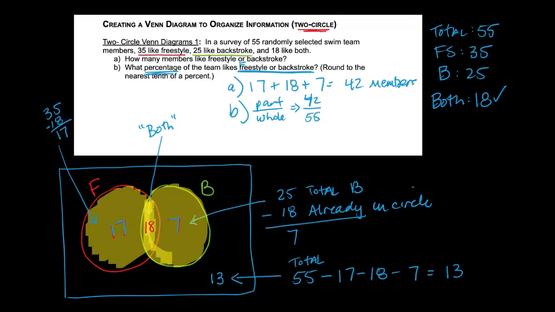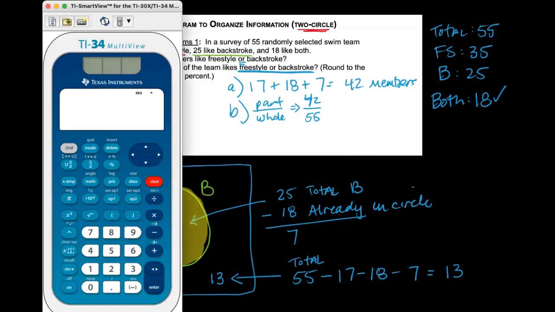And then let me bring up my calculator because this problem says round to the nearest tenth of a percent. The first thing we have to do is divide and figure out what the percentage is first. So you round last. When we divide these two numbers, we get the decimal 0.7636363664, and we need to convert to a percentage by moving the decimal 2 spots to the right.